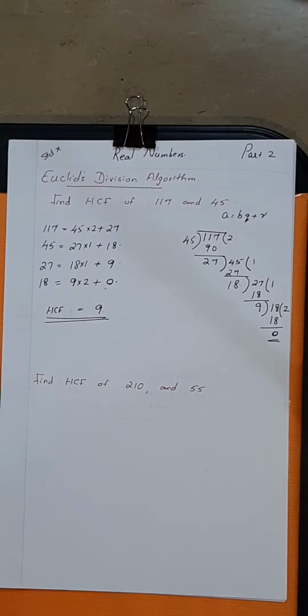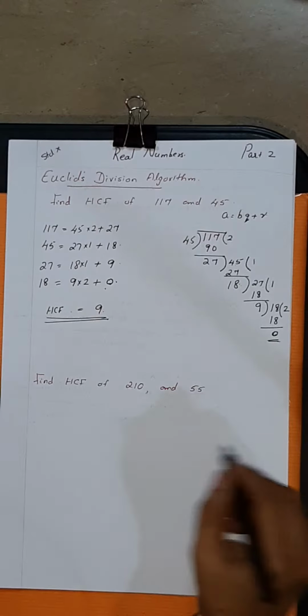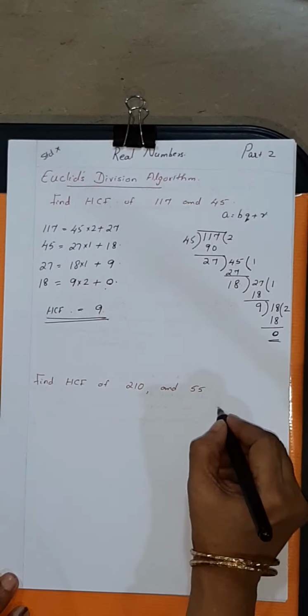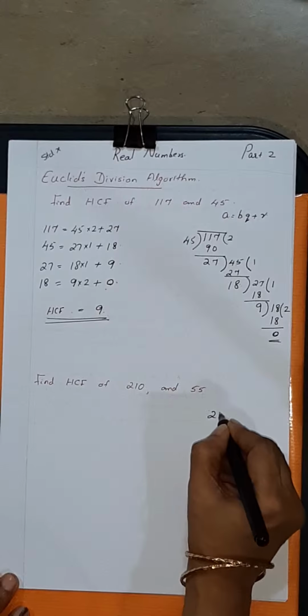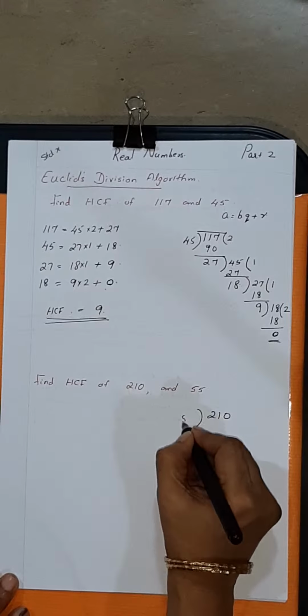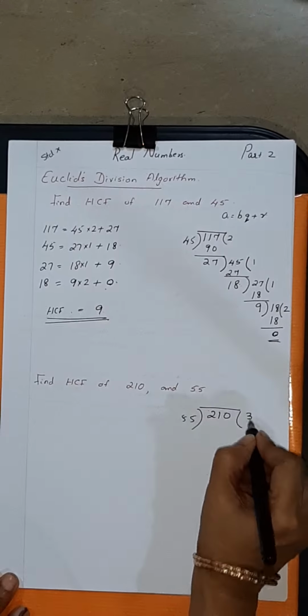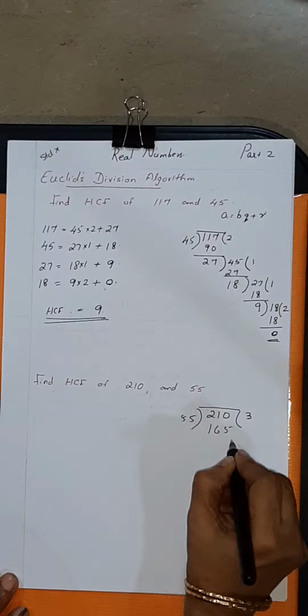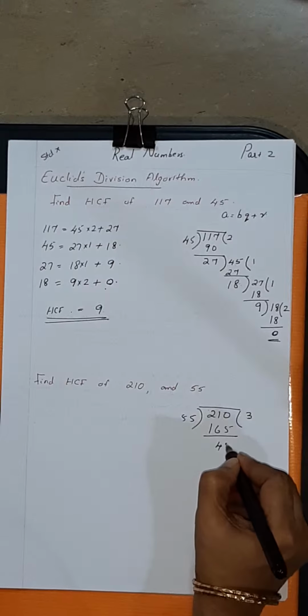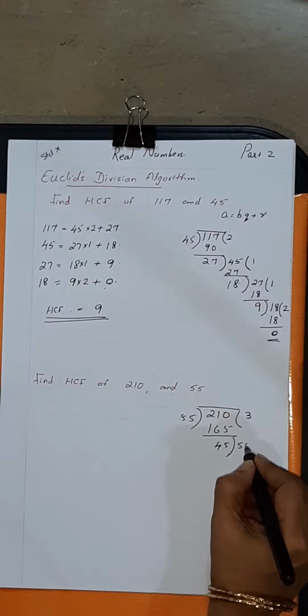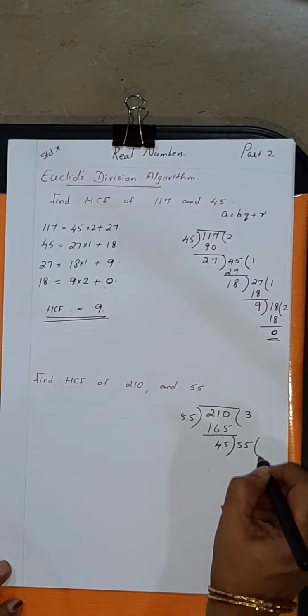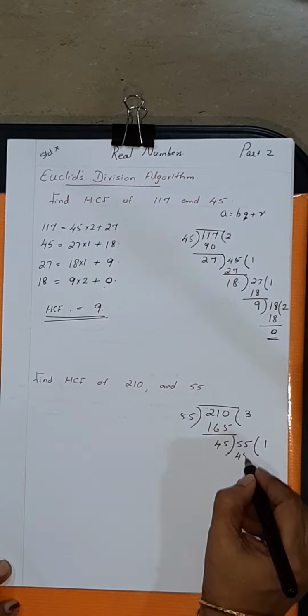So the HCF of 210 and 55. We will start with 210 divided by 55. We will get 3, so 165, and the remainder is 45. Bring this 55 down and divide by 45.